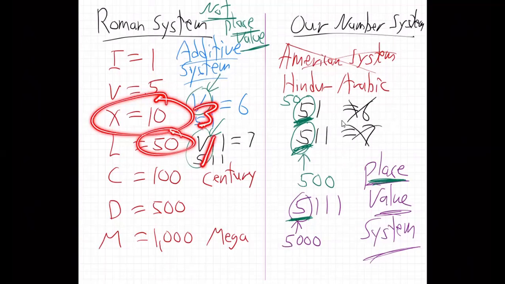That's going to be a more efficient way to make 80. That's what they want us to do. So I come in here and I say, okay, 80 is going to be the L, which is 50, and then X, X, X, 10, 10, 10. And this all together will make our 80.